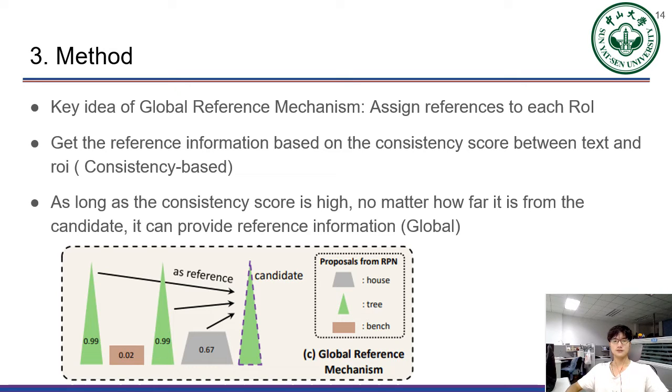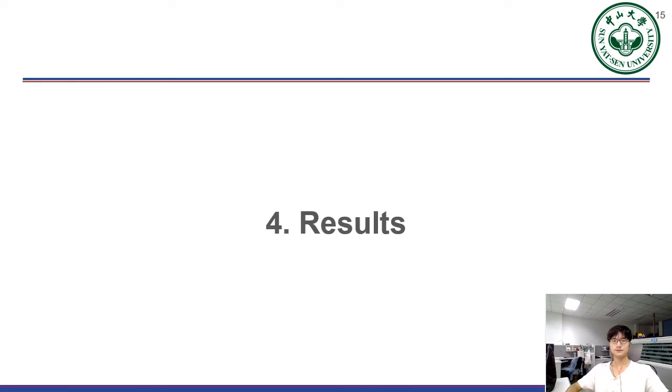As long as the consistency score is high, no matter how far it is from the candidate, it can provide reference information. This is the meaning of global. With the global reference mechanism, the performance of our model can be greatly improved. Next, I will show some results.